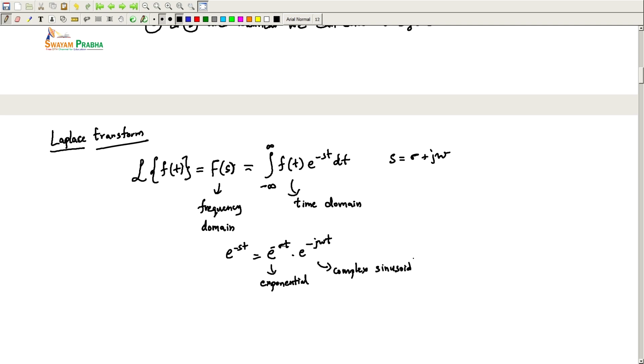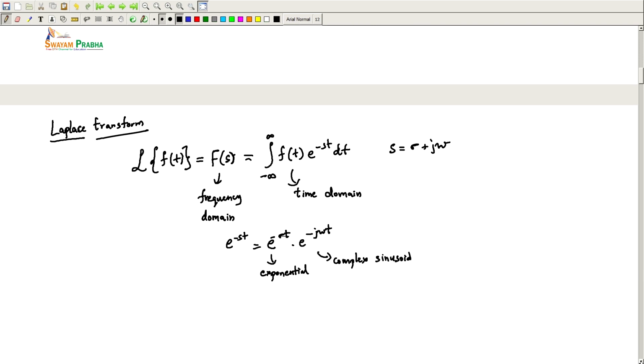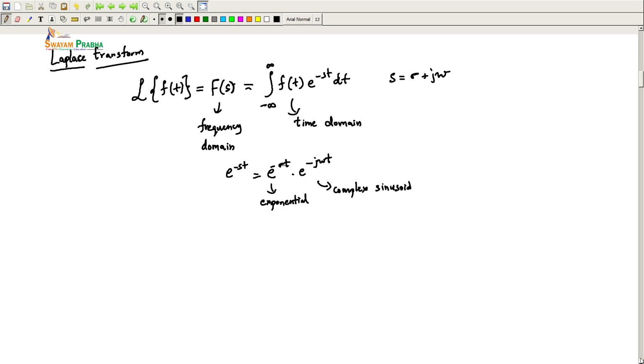Now, this integral goes from negative infinity to positive infinity, and sometimes this integral might not be defined. So, one way we can look at is we just take the limit from 0 to infinity. So, F of s equals the integral from 0 to infinity of f of t e to the power minus st dt. So, this is basically a one sided Laplace transform.